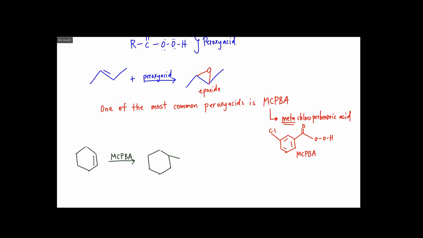I need to make a line from one end of the double bond, other end of the double bond, and oxygen in the middle. Now, of course, this projects up or down, but we don't need to know exactly the dashes and wedges. Okay, so this is your alkene. This is your epoxide.